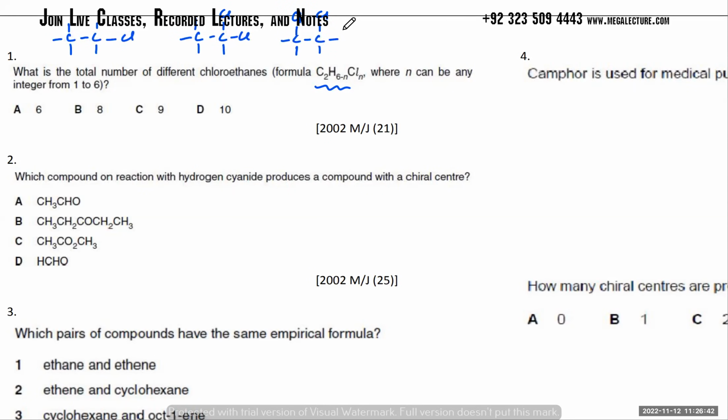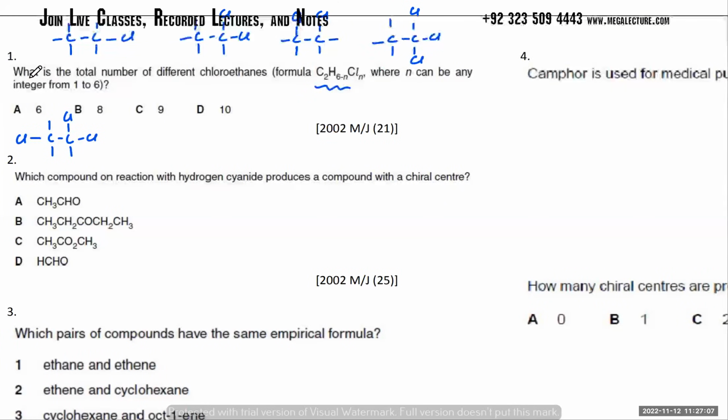Here n is equal to 3, that means C2H3Cl3. So that will give me how many? I can either have 3 Cls on the same carbon atom and 3 Hs on the other, or I can have 2 Cls on one carbon atom and 1 Cl on the other carbon atom.